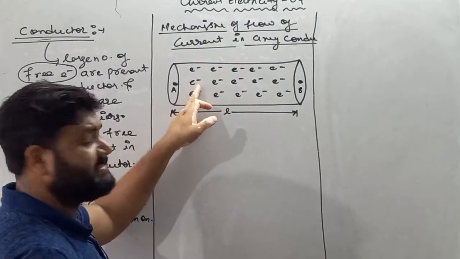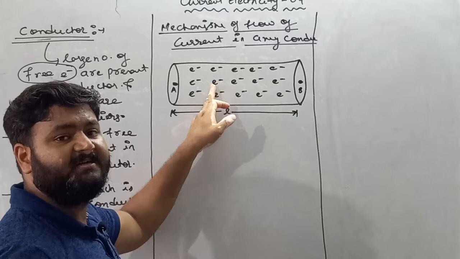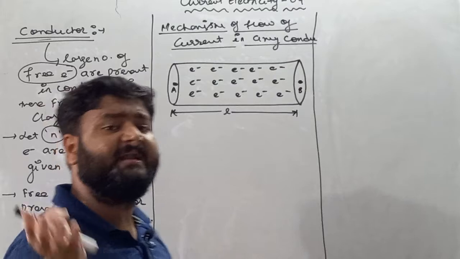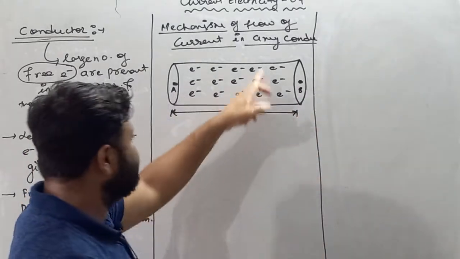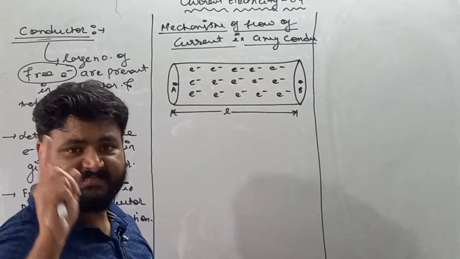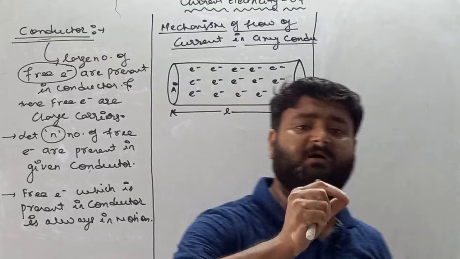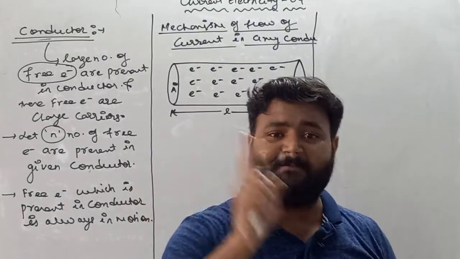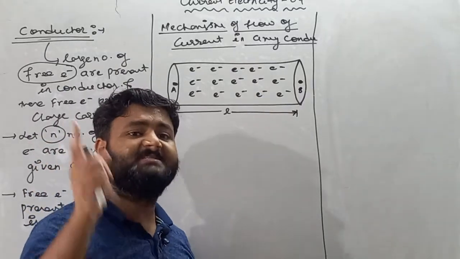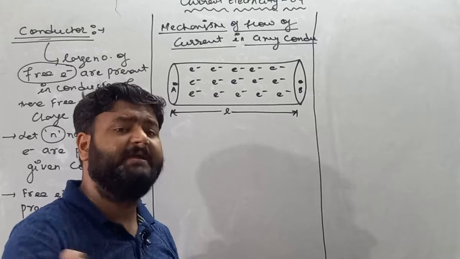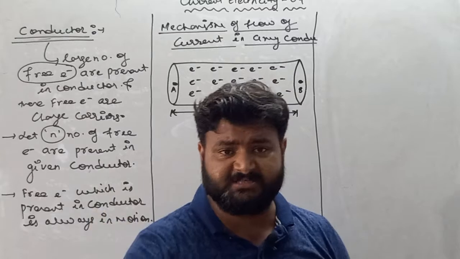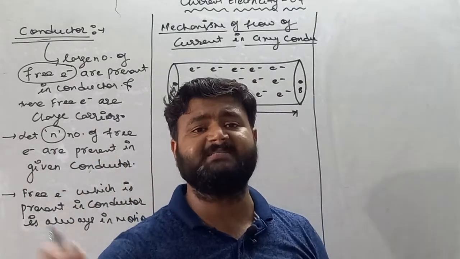If one free electron starts moving, then it collides with its neighbor free electron, and its neighbor free electron, and its neighbor free electron. So there are a number of collisions that can take place inside the conductor among free electrons. So these free electrons are in motion, but their motion is always zigzag, because the number of free electrons present inside the conductor is very high, and once the free electron starts performing motion, it collides with its neighboring free electron, its velocity changes, its direction changes, and its motion is always zigzag.